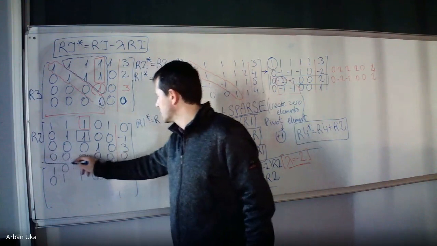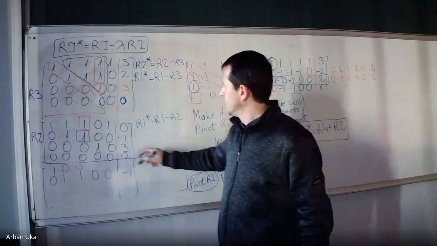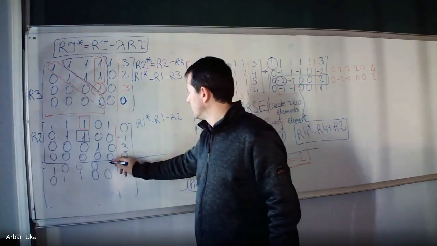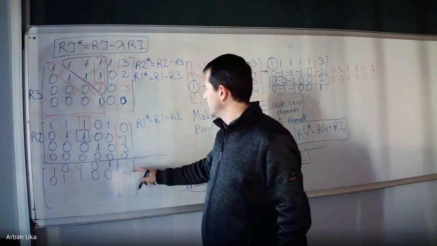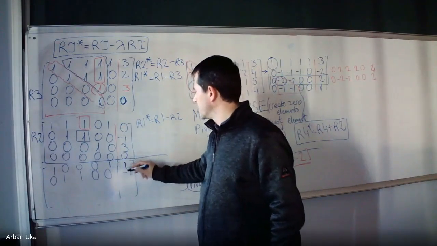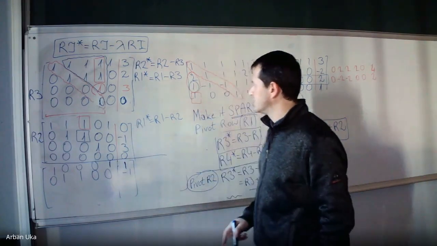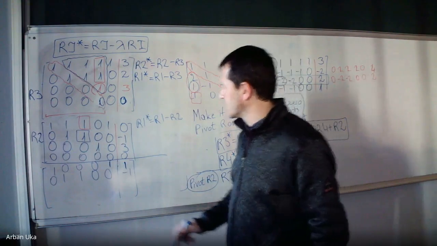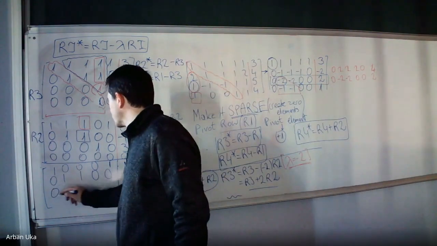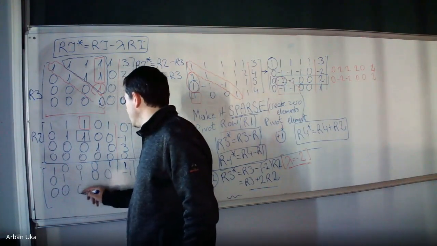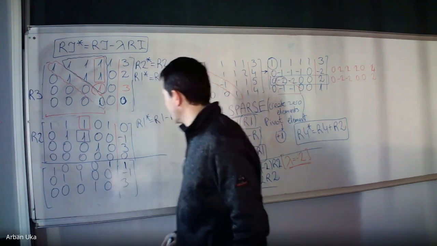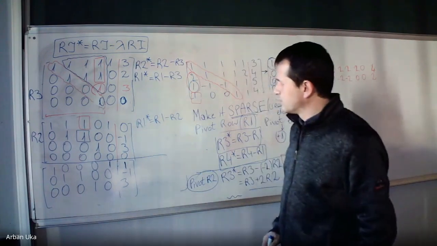And by the way, this is something like here: 0 minus 0, 0, 1 minus 0, 1, 0 minus 1, this would be 1. Okay, so notice also this element here. So this is how the system of equations remains. So finally, this is what we get.